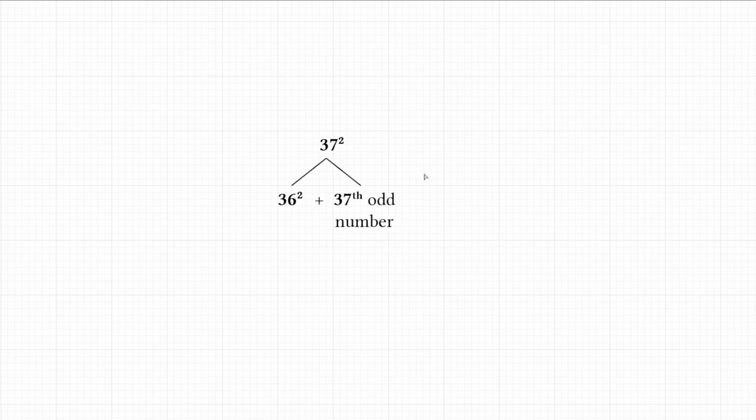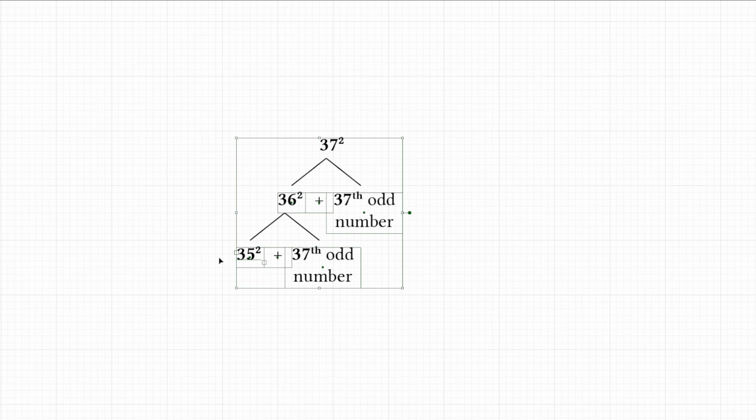But how do we know the square of 36? Well, we first learn the square of 35, and then we add the 36th odd number. So you see how we went from 37 squared to 35 squared plus the 36th odd number plus the 37th odd number.